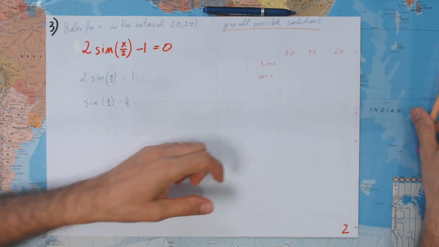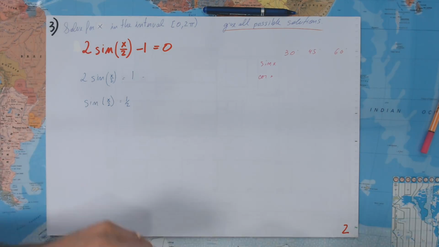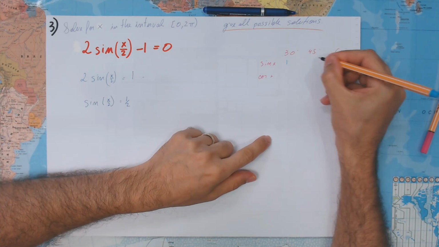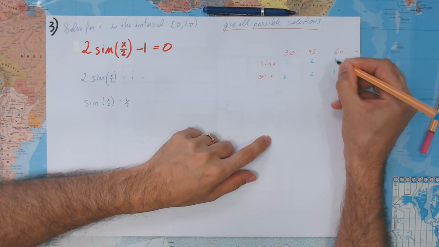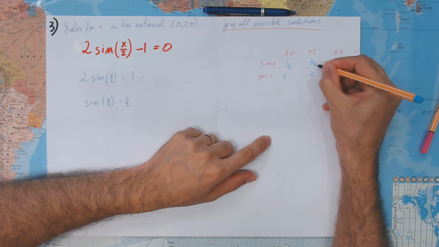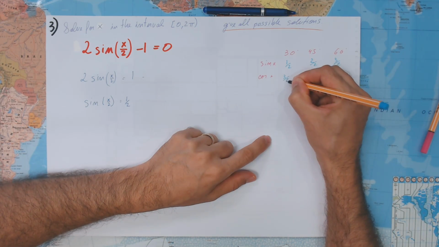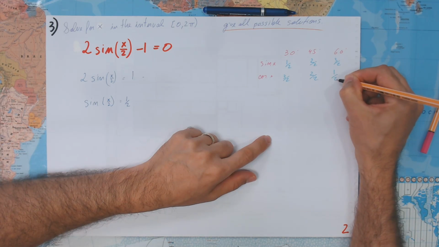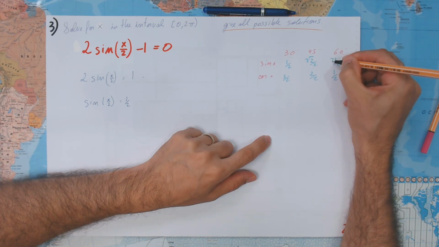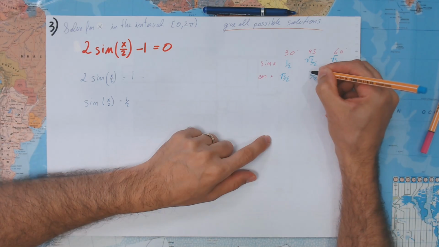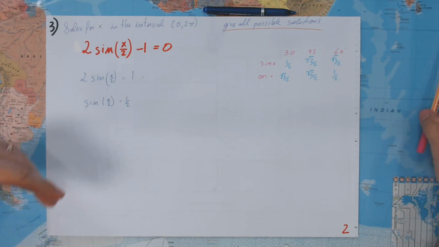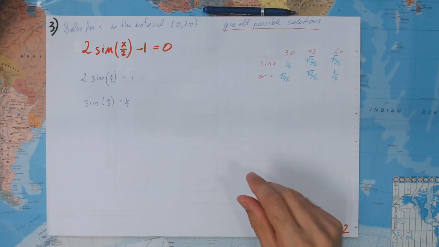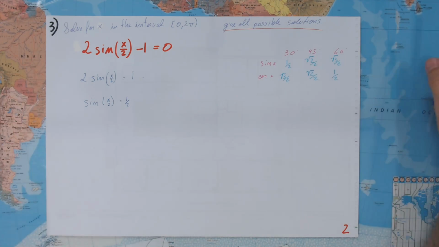That would be 1, 2, 3, 3, 2, 1 divided by 2, and apply square root. Of course you don't have to do this, but I'm doing it every time because if you don't have this memorized, well, you better do it.